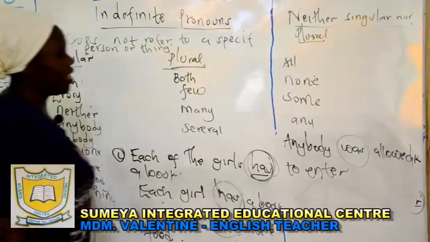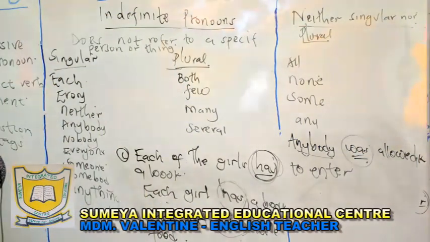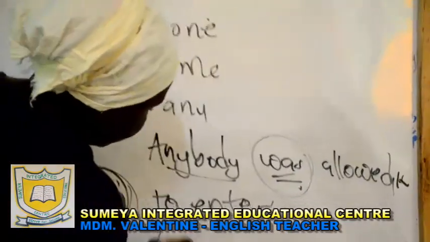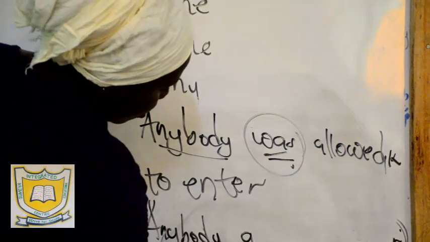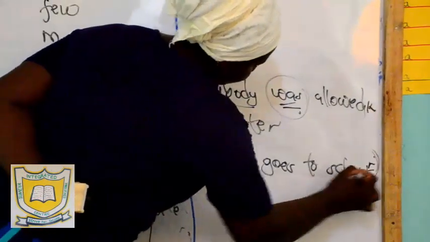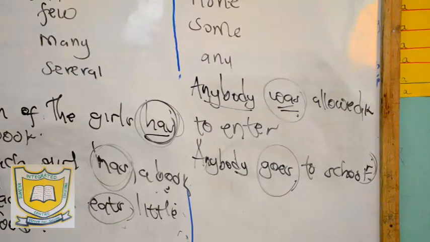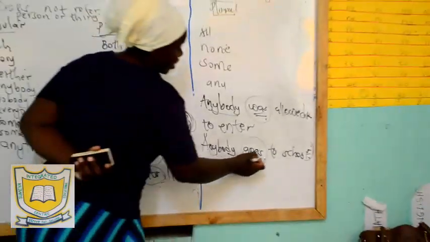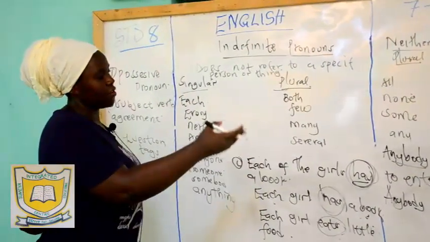So anybody, an indefinite pronoun, takes a singular helping verb. Or you can say anybody goes to school. Anybody goes to school. Goes is a plural verb. It has an S on it. So you say anybody goes to school.